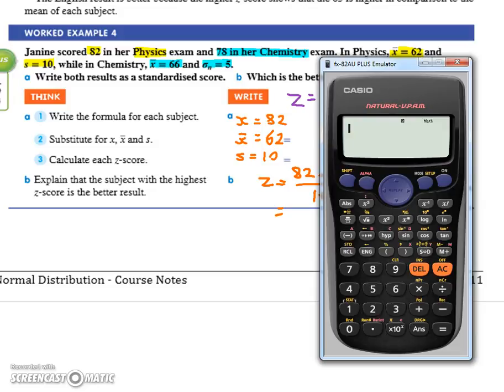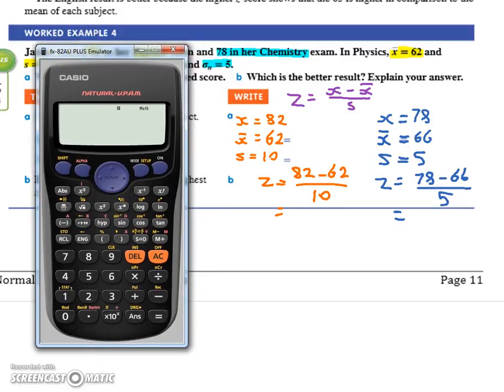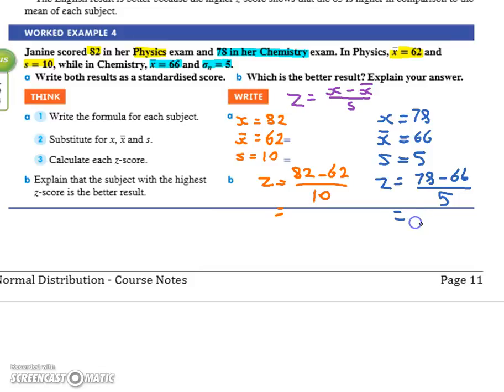You can chuck them both into a calculator. And that's what you should be getting. Everyone happy with that? 2 and 2.4.